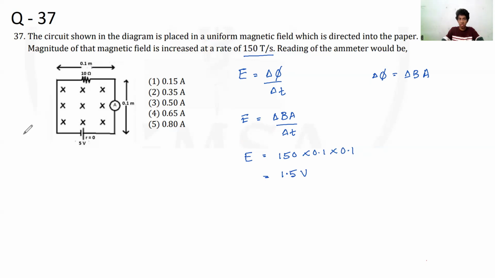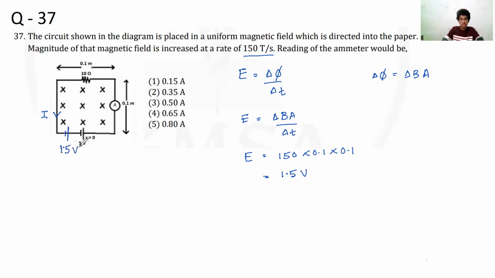So here you can use the right hand grip rule, and according to Lenz's law, as the magnetic flux density is increasing in the direction into the screen, the current will be induced in the anti-clockwise direction. And the induced electromotive force of 1.5 volts will be in this direction.